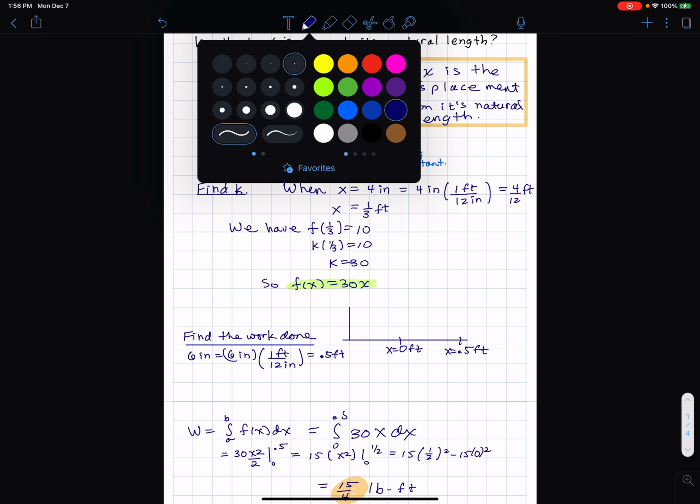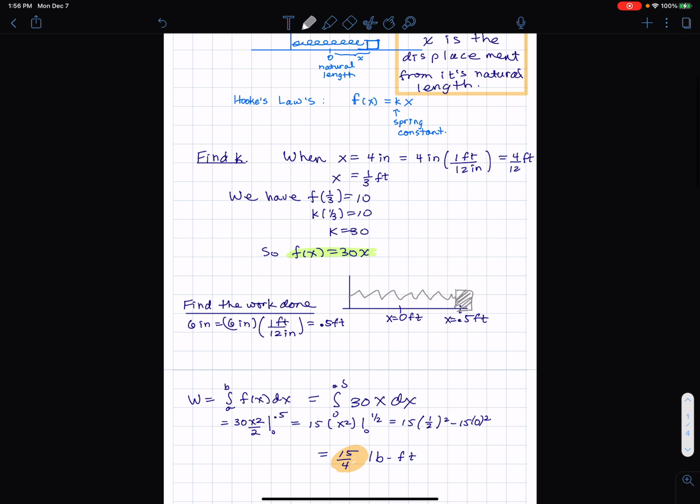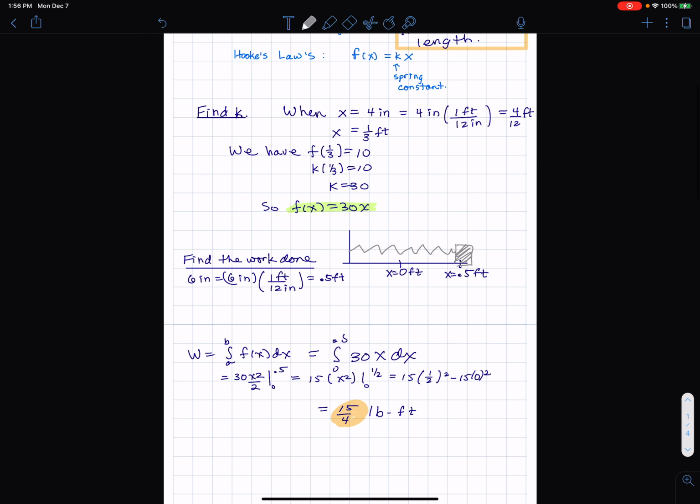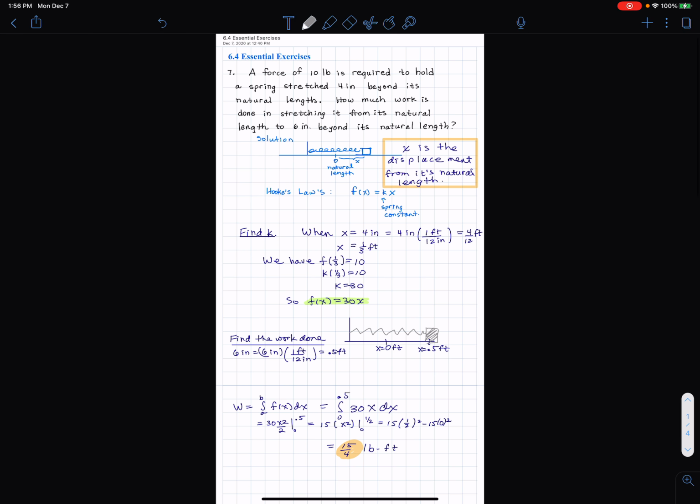Maybe the thing is to draw my spring in a different way. I've seen springs done like this instead of that little spiral. So we're going from 0 to 0.5. Work is given by this formula. Work is the integral from a to b of f of x dx, where x equals a and x equals b are the distance from a resting position. So I have 0 to 0.5, and then you integrate, and that's easy. Okay, so that finishes this video.